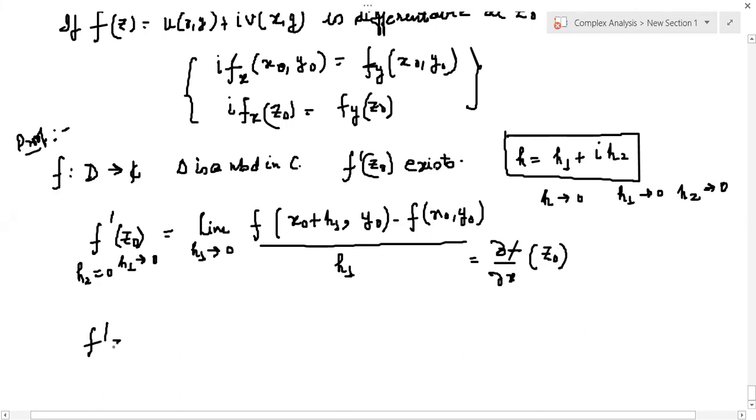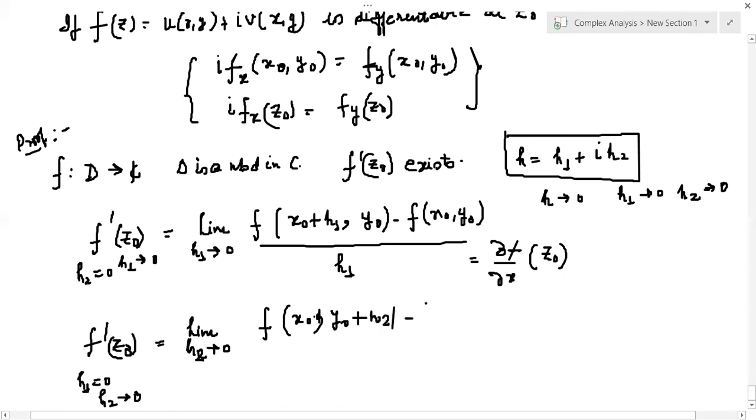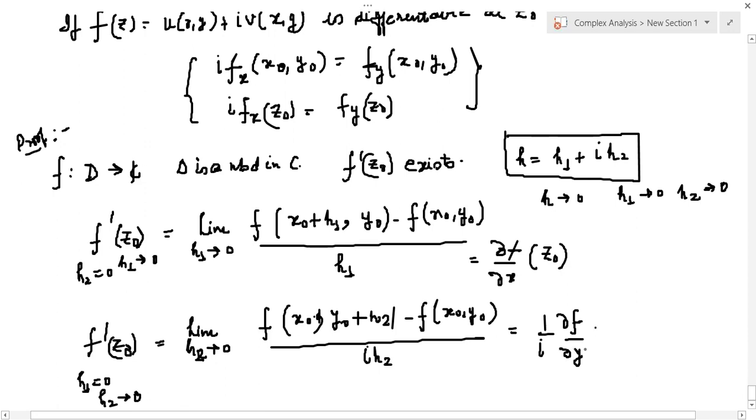Similarly, if I approach along h2 tending to 0 and h1 equal to 0, f dash z naught equals the limit as h2 tends to 0 of f(x naught, y naught plus h2) minus f(x naught, y naught) divided by iota h2. So it is equal to 1 upon iota times del f upon del y at z naught.